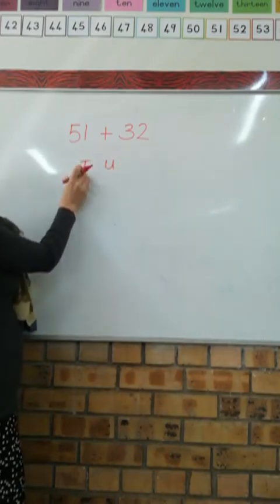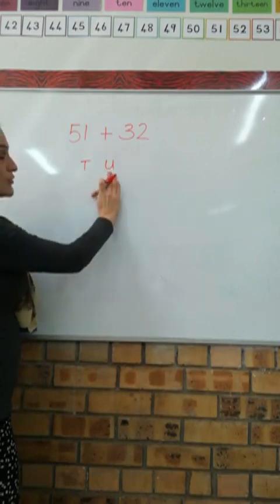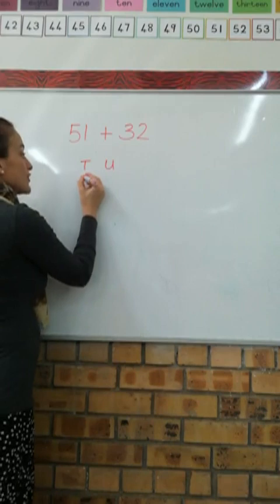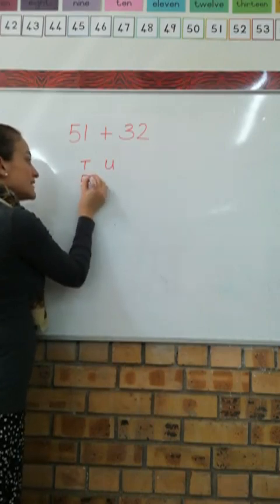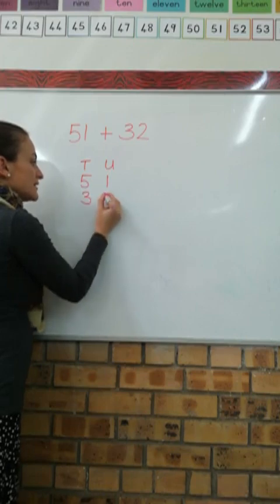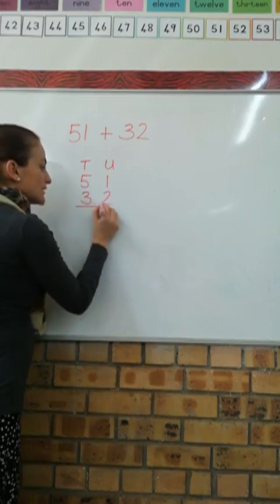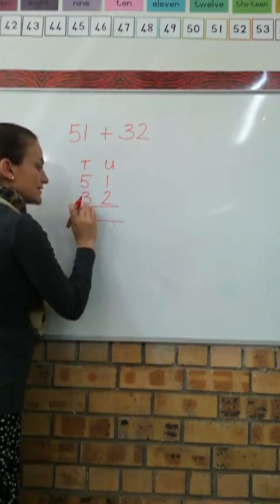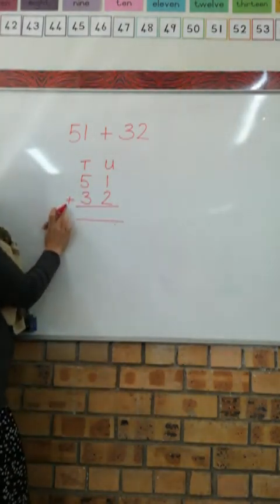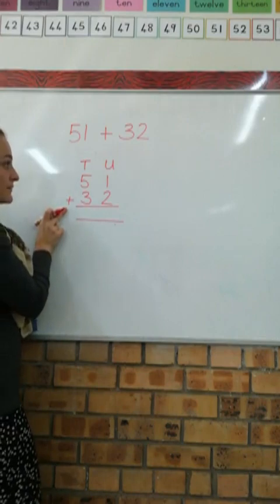We've got to write the tens in the tens column and the units in the units column, right underneath each other. So we write 51 plus 32, and we draw a nice big line like that, 2 lines that we can write the answer inside. And we put a plus over here so that we know that we are adding them together.